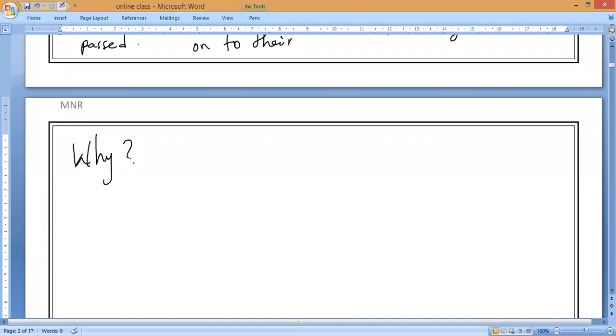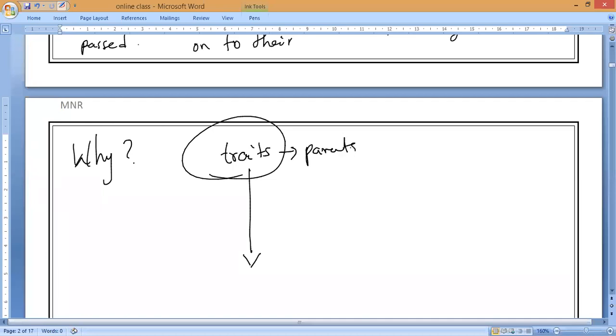So here you can see the traits of parents are passed to their offspring through what? Only one thing. Whatever characteristics or traits are present in our parents pass to the children only through one. What is that, guys?